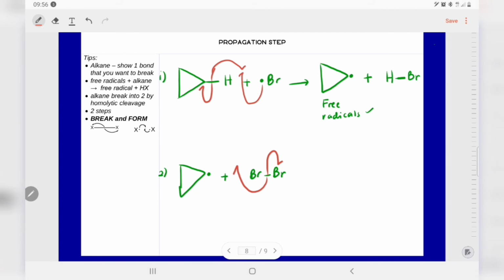So one electron moves from the free radical, Br brings its one electron, the free radical brings one electron, so it will form one bond. So C is bonded to Br, plus we have Br free radicals.